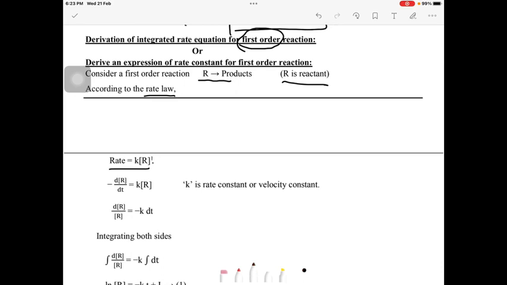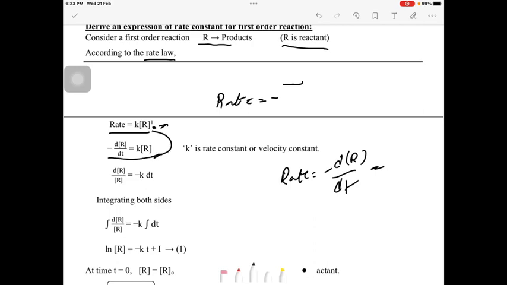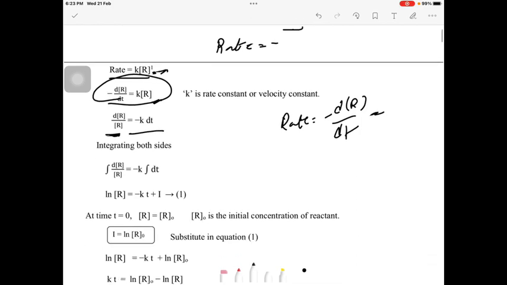Another one, rate is equal to minus d[R]/dt. Substitute this in this expression, then we'll get minus d[R]/dt is equal to k[R]. Rearrange this equation, then we'll get d[R]/[R] is equal to minus k dt.